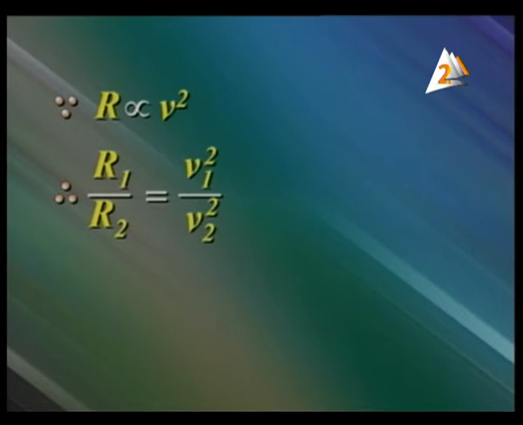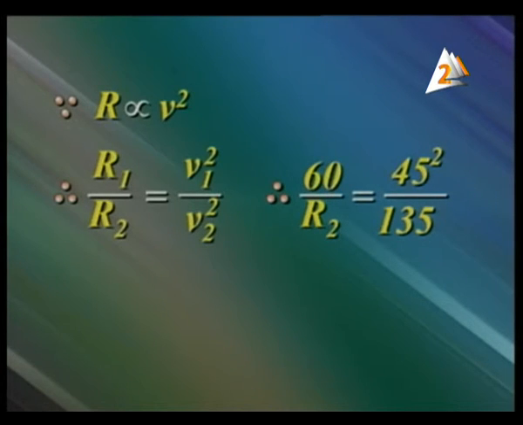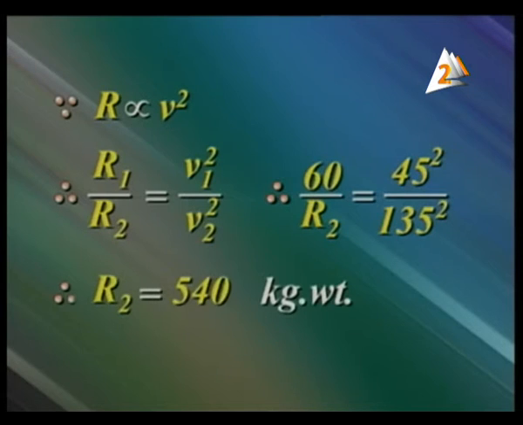Since R varies as v squared, therefore, as we said before, R1 over R2 equals v1 squared over v2 squared. Therefore, 60 over R2 equals 45 squared over 135 squared. Then R2 equals 540 kilogram weight.